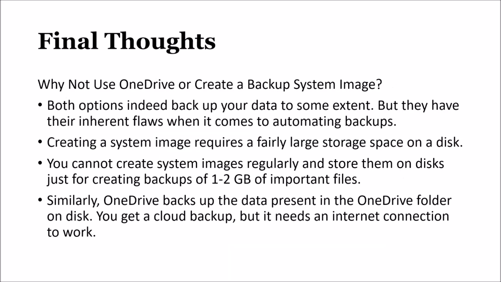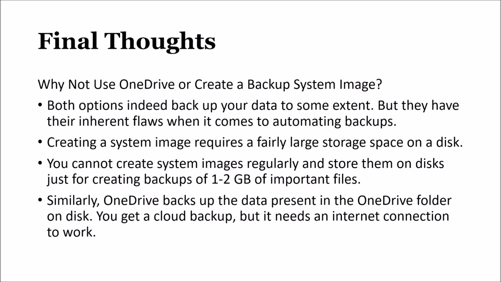So my final thoughts are, why not use OneDrive or create a system image for backup? That's the question. Both options indeed back up your data to some extent, but they have their inherent flaws when it comes to automating backups. Creating a system image requires a fairly large storage space on a disk.